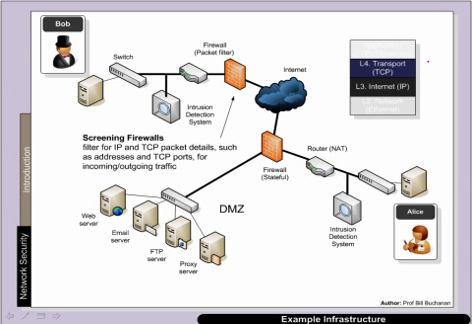At the next level we have a typical screening firewall. In this case we filter for IP network address filtering, and also at the TCP or transport layer. And with this we filter for source and destination IP addresses, and we also filter for source and destination TCP ports.